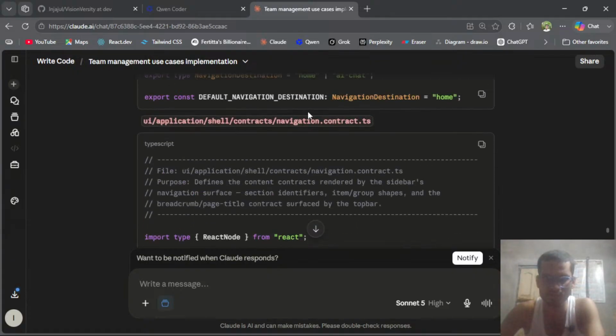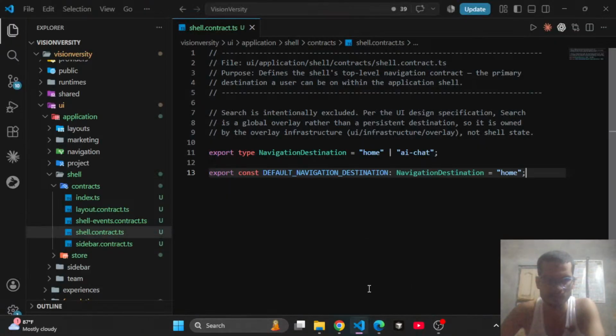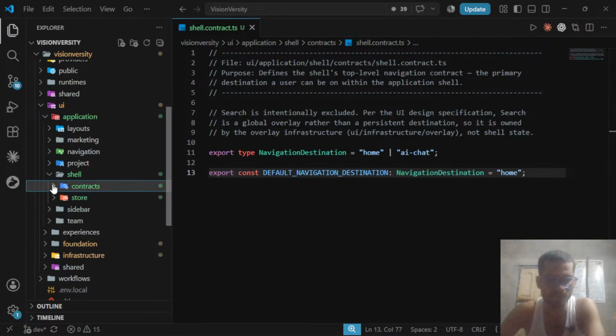Have navigation function. So here we don't have navigation.